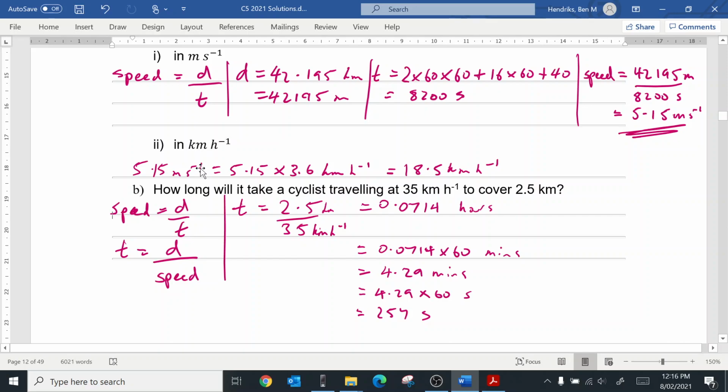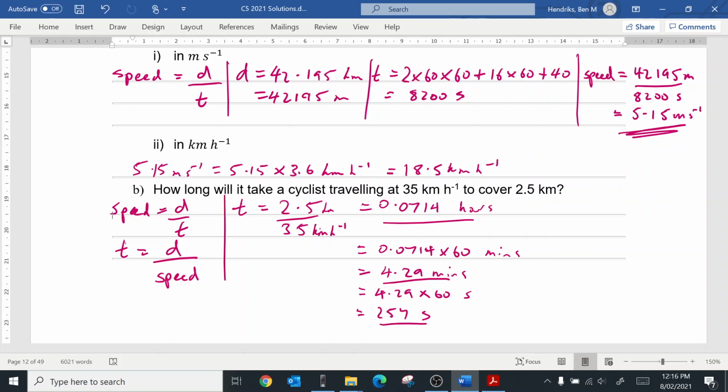They didn't actually specify the time unit in this one, so we've given the answers in hours, in minutes, and in seconds as well.